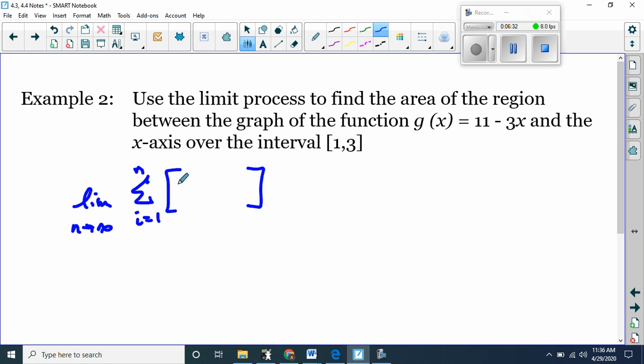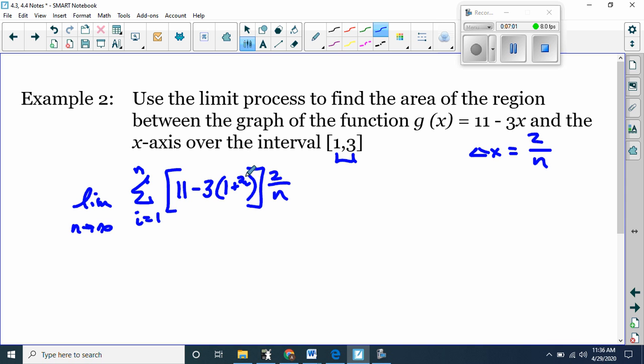Our f of x is 11 minus 3x. Our delta x is the width of our interval from 1 to 3, is 2 units divided by n. That goes on the outside. And then our x value, what we plug in for x, starts at 1 and goes up by delta x over and over again.